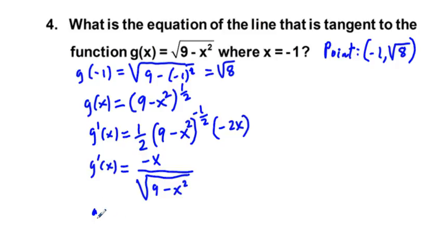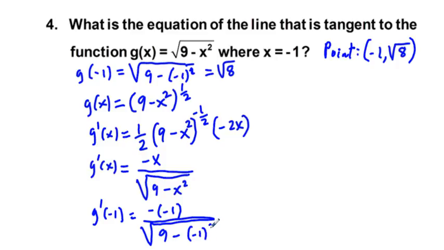So now we need to plug in negative 1. g prime of negative 1 is going to be, in the numerator, negative of negative 1, so 1, and in the denominator the square root of 9 minus negative 1 squared, which is 1 over the square root of 8.